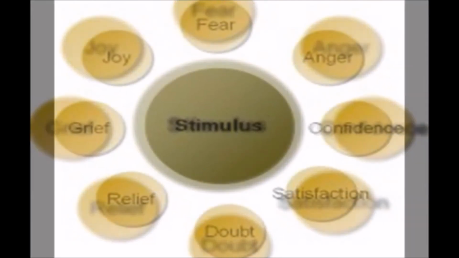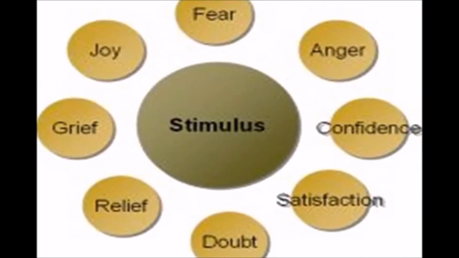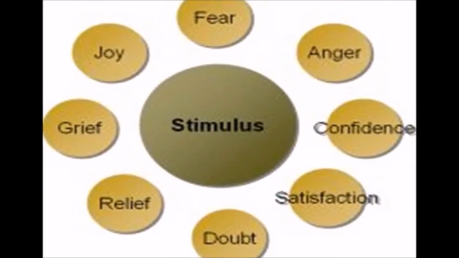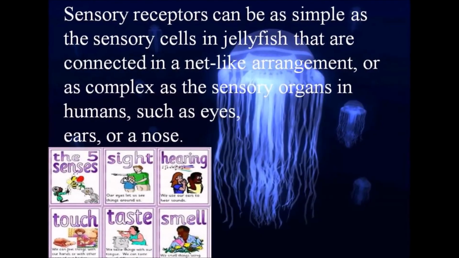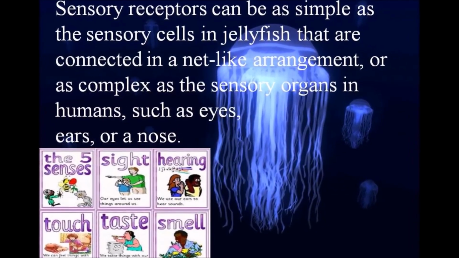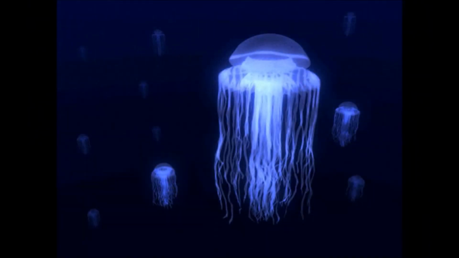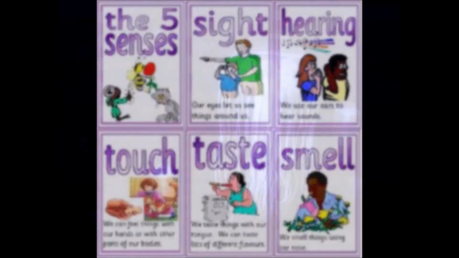In any of the situations, every stimulus needs a response. Sensory receptors can be as simple as the sensory cells in jellyfish that are connected in a net-like arrangement, or as complex as the sensory organs in humans, such as eyes, ears, or nose.